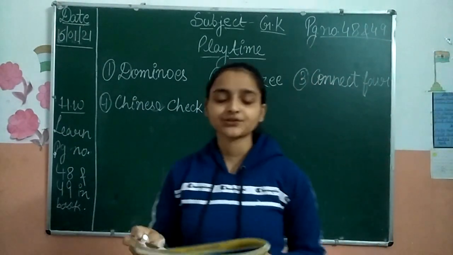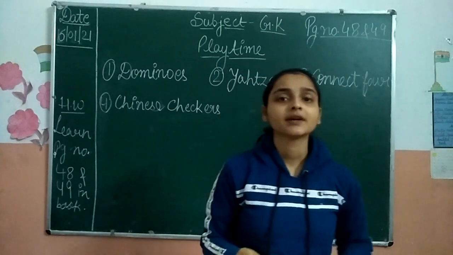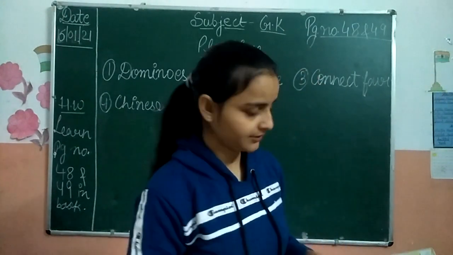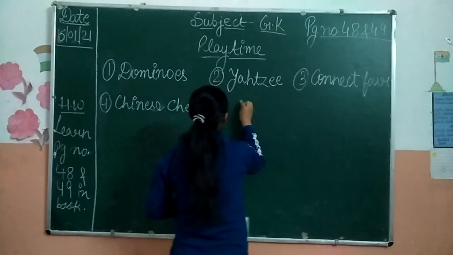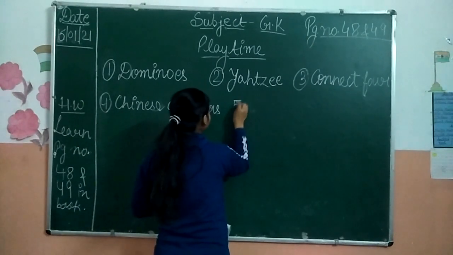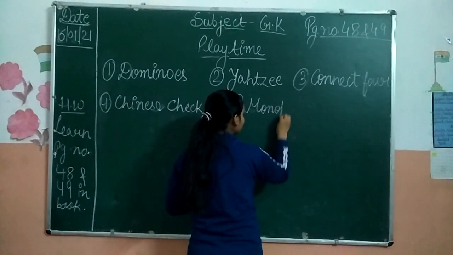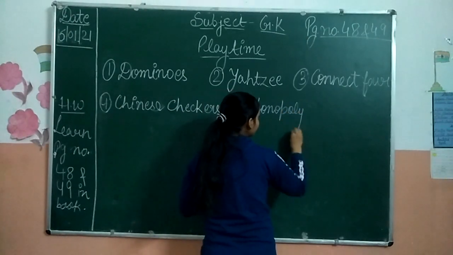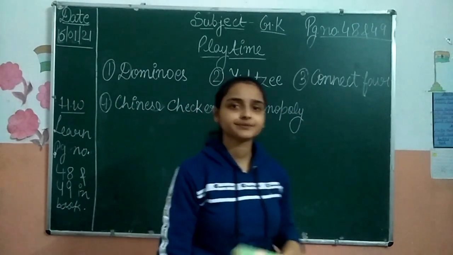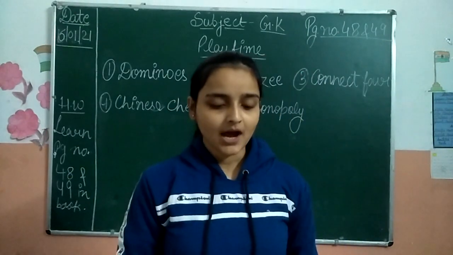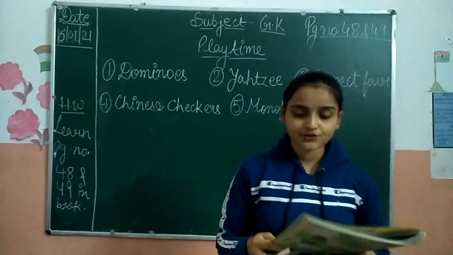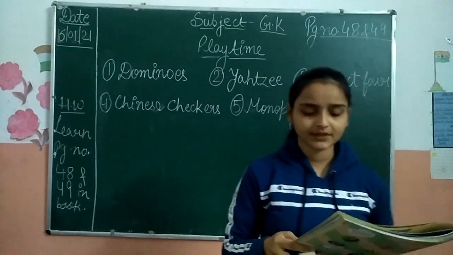Now come to fifth number. Look at the fifth picture. Which game is this? This is Monopoly. In fifth number, write it down. Monopoly. Okay. Now come to sixth picture. Which game is this?